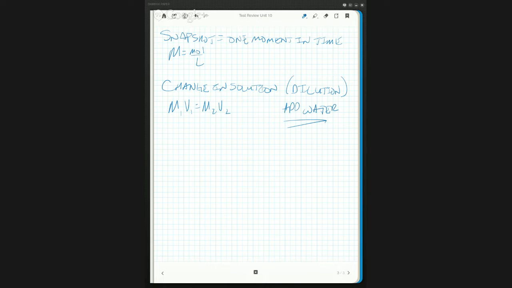Probably would have helped if I'd said this first: as a reminder, you're looking for the words dilution, add water, final volume. Those are the things that are telling you that you're going to use this equation right here. So it might say something along the lines of, oh, I know what I'll say. Sorry, I didn't think of this ahead of time.